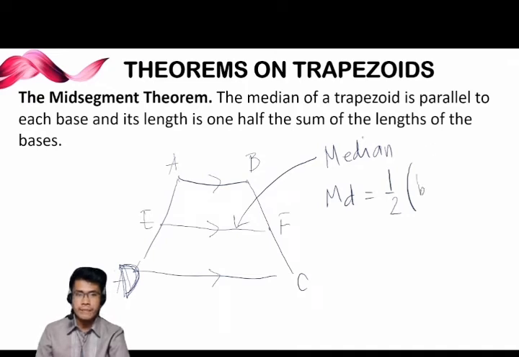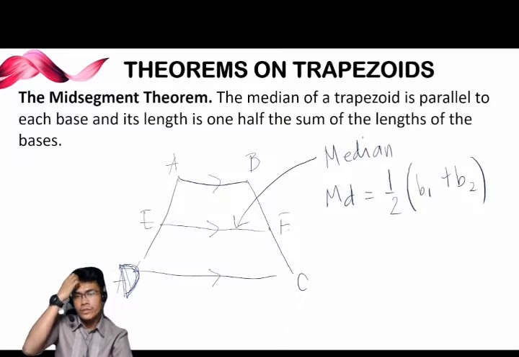So let's say B sub 1 be the first base, and then B sub 2 be the second base. Alright? So referring to the figure, we will use the letters to name the bases and segment. Let's say the median is the median EF, or segment EF.